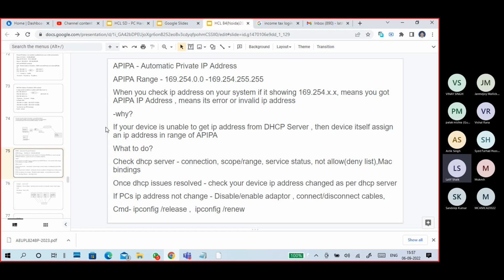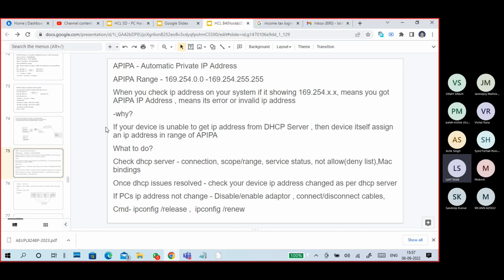If you fail to get an IP, check that DHCP is working and everything is fine. If the issue is resolved, okay.